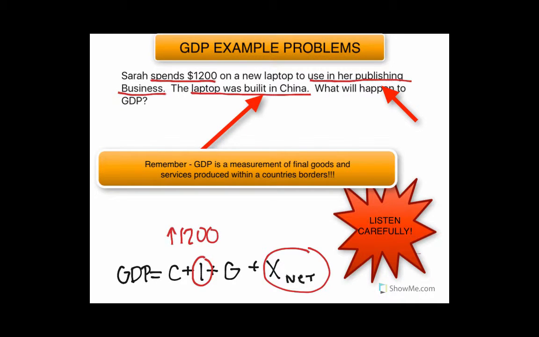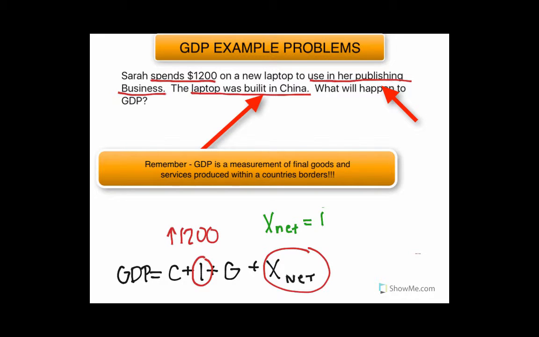Now, we can break this equation down to make it a little bit simpler and easier to understand. And so this equation can be broken down to be net exports are equal to our exports, so what we're exporting from the U.S. or whatever country we're calculating the GDP of, minus our imports.